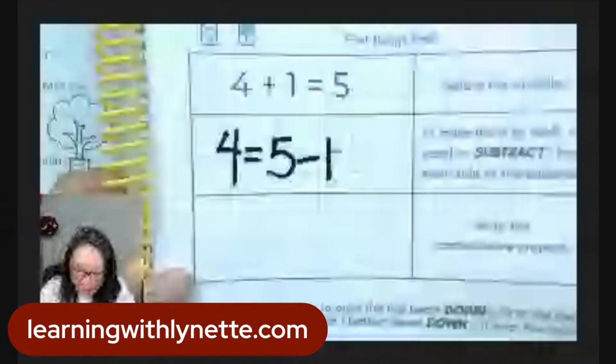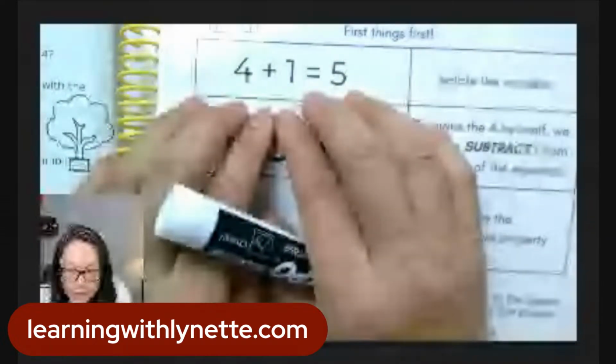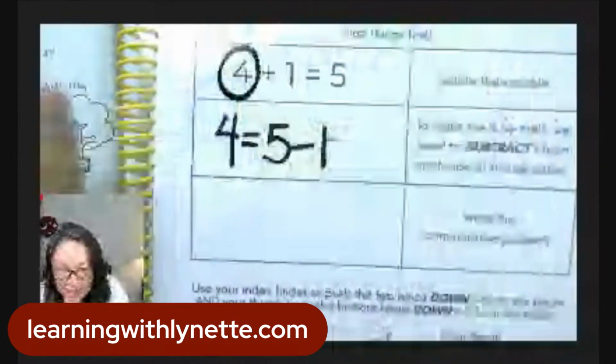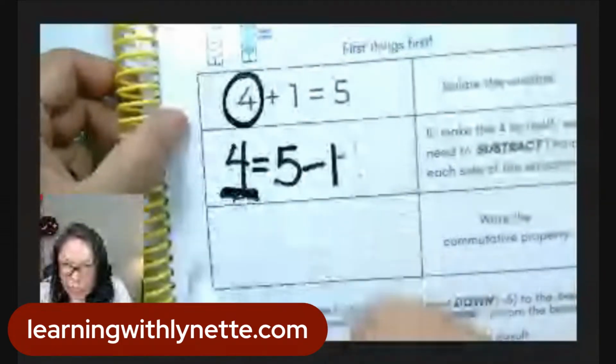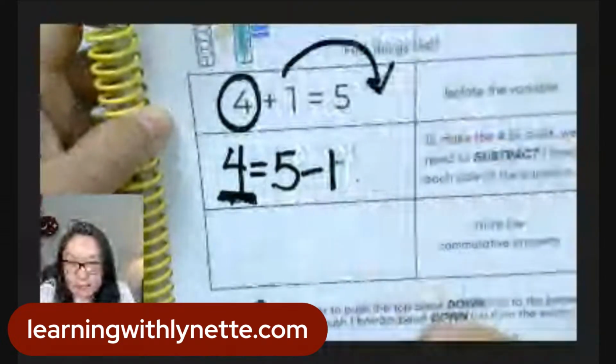So we have our formula, which is 4 plus 1 is equal to 5. Because we have 4 plus 1 is equal to 5, we're going to isolate. We're going to make this by itself. And then to make it by itself, that's what we did. We put it on one side of the equation. What happens is we move the 1 over here.